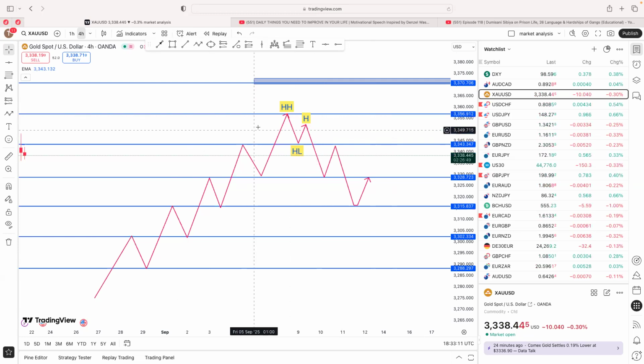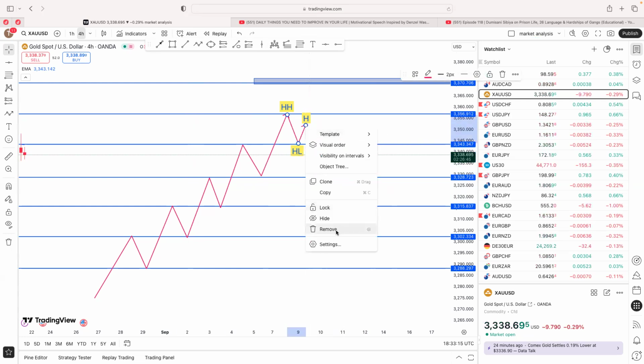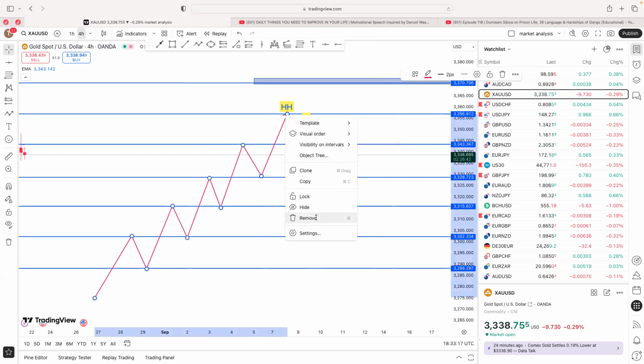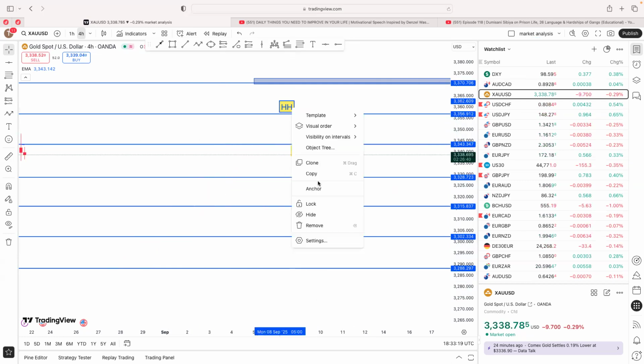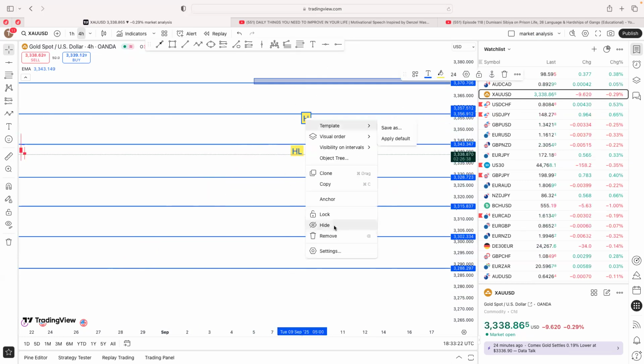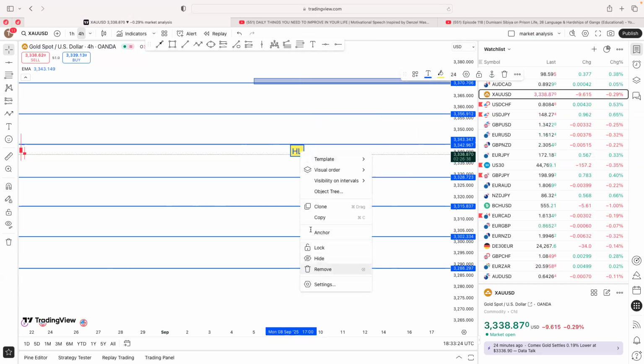Thank you. Then now, let's say, for an example, we've got an M pattern that is being formed at the end of an uptrend.